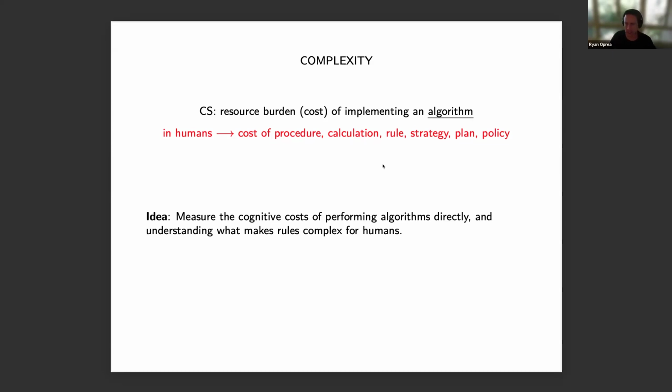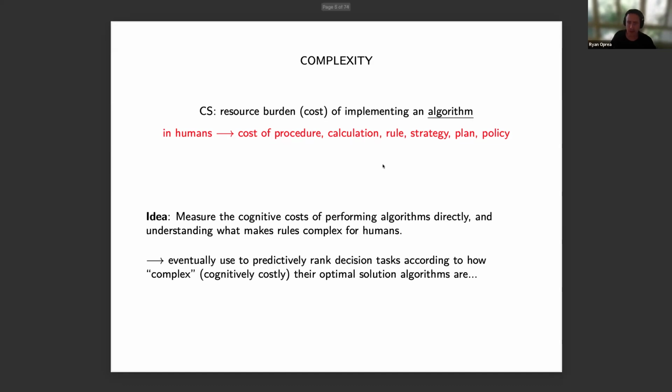And the science fiction version of what you might be able to do if behavioral scientists were able to do a careful job of this is that we could eventually use these characterizations of the cost functions of algorithms to predictively rank decision tasks prospectively according to how complex they are, how costly it is for them to discover and implement optimal solutions to decision problems.